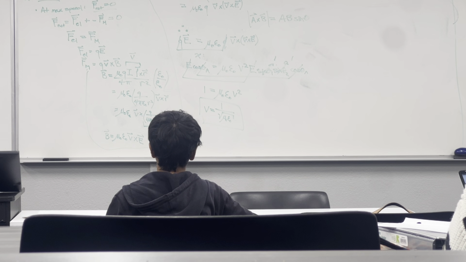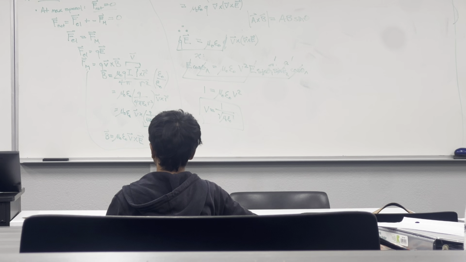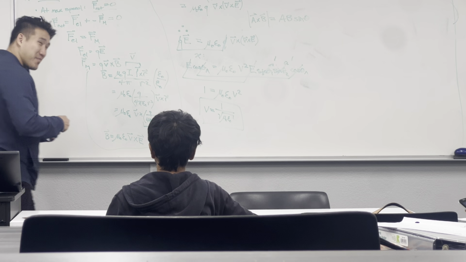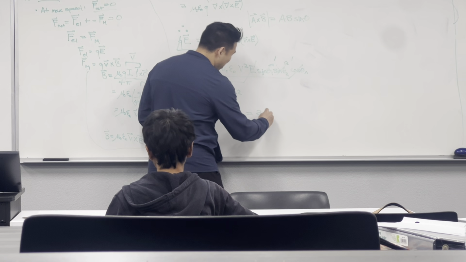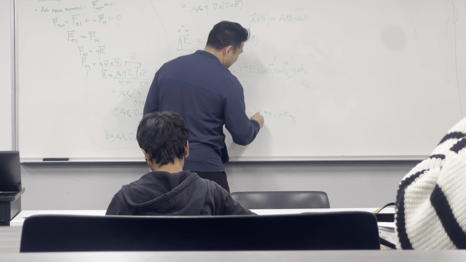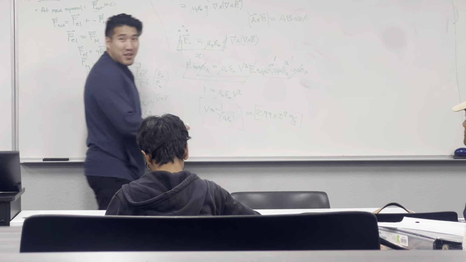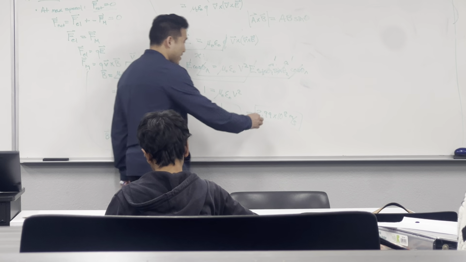I got 3.39 times 10 to the negative 9. But I don't think that's right. That is incorrect. We did put it in wrong. I got 299 million. Or 2.99 times 10 to the 8 meters per second. Does anybody know what this number is? This is the speed of light.